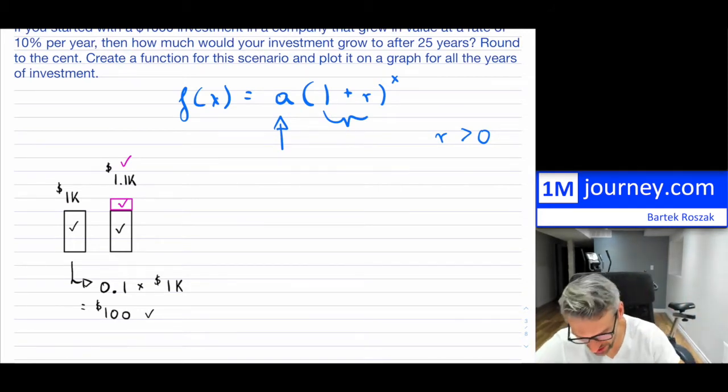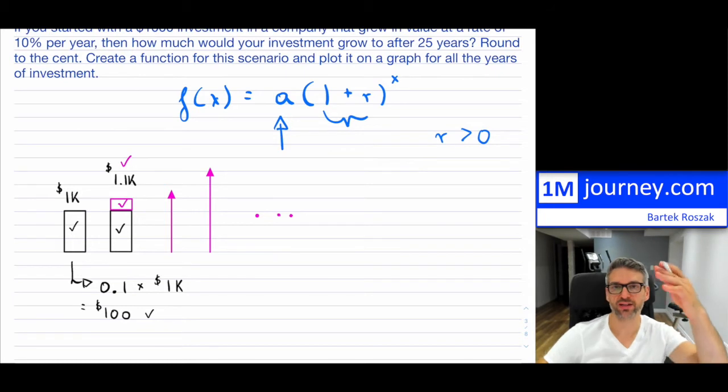So what you're noticing here is that I'm going to have more money after 2 years. And then again, I'm going to have more money after 3 years. And this trend continues, where all we're really doing is adding 10% on the value that we had in the past.